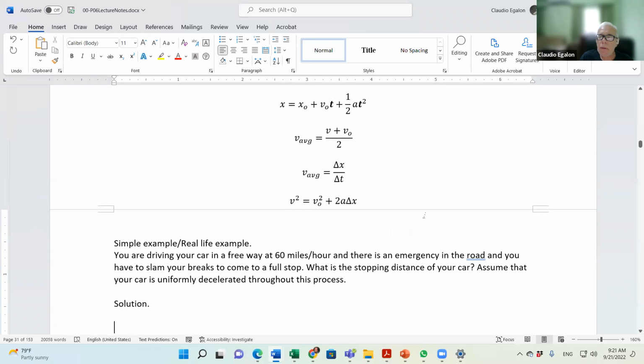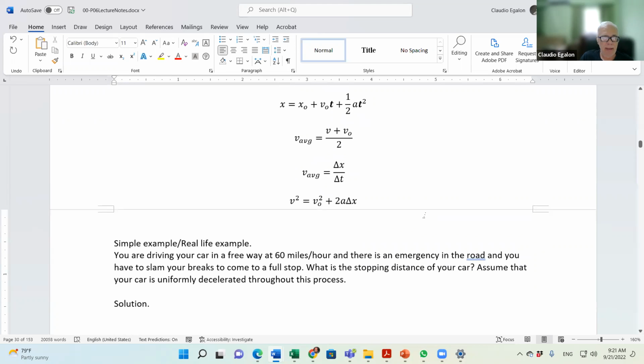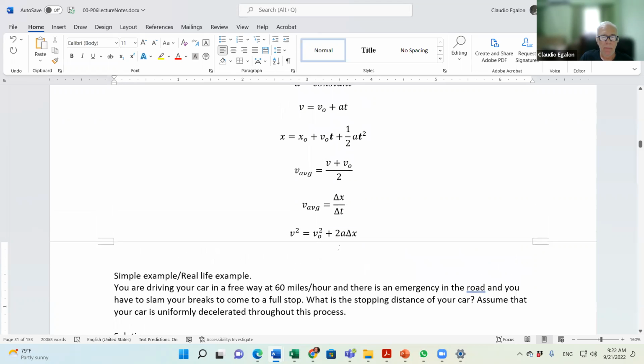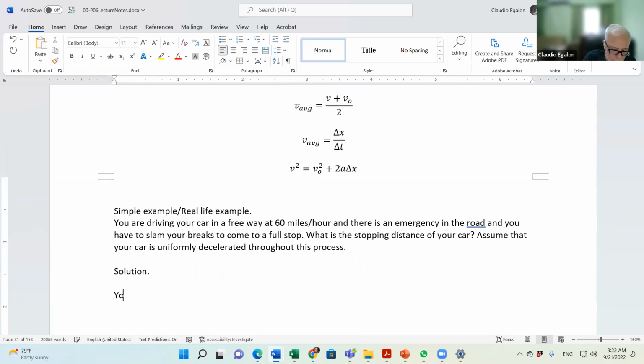How are you going to do it? You have the initial velocity. Let's see what we have. What do you know? What do you know? Initial velocity.